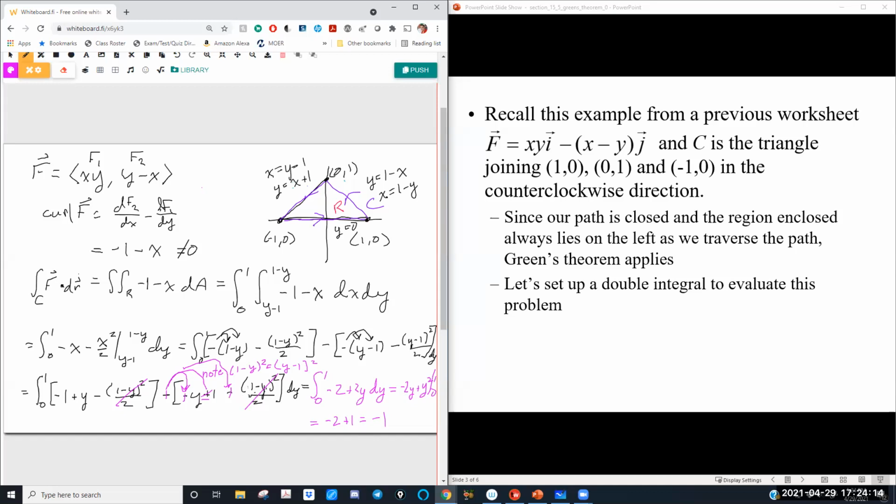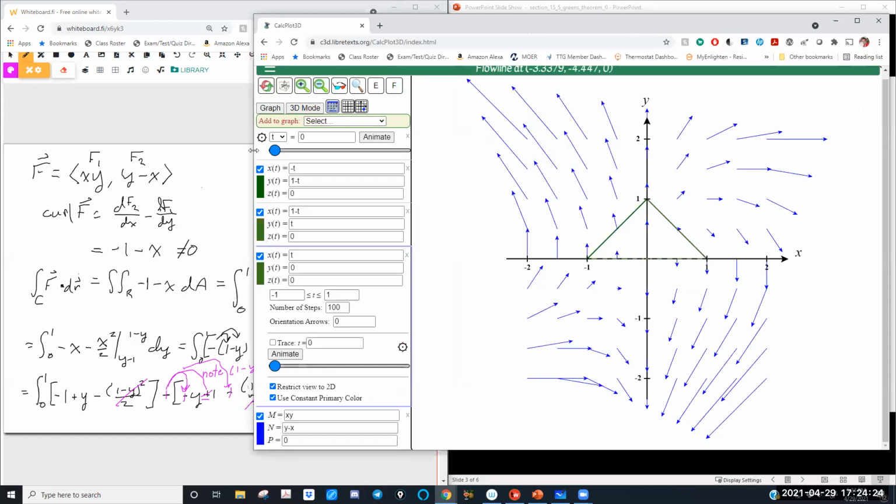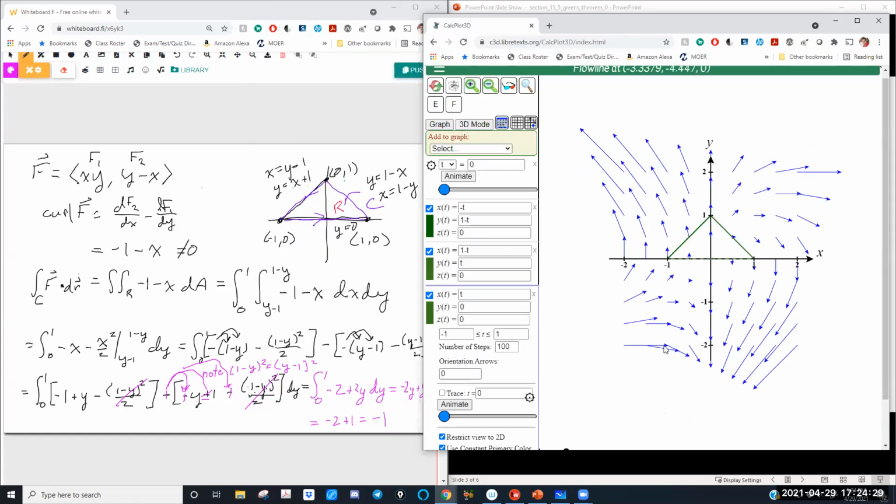Again, that's just the algebra in it. But I want to show you what's going on. Notice we got a negative. So let me bring over the plot. So here it is in our Calc Plot 3D. And if we see what's going on, and I talk about this in the parameterization video too, along this part of our curve, notice that the vector field is perpendicular.